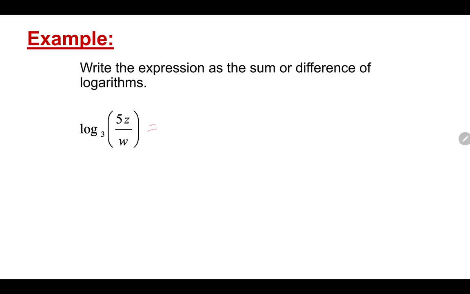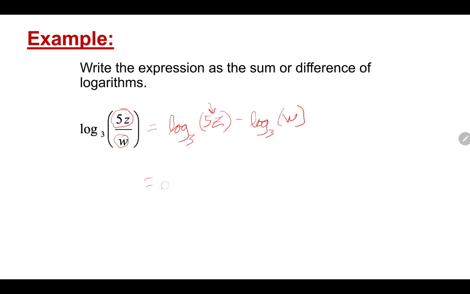So this is equivalently, the division is happening, so I'm going to take this chunk and do division by this chunk. So this would be log, I have a base 3, of 5z minus log 3 of w, and then I can still keep breaking. So this is multiplication now in here, and that can become a sum.